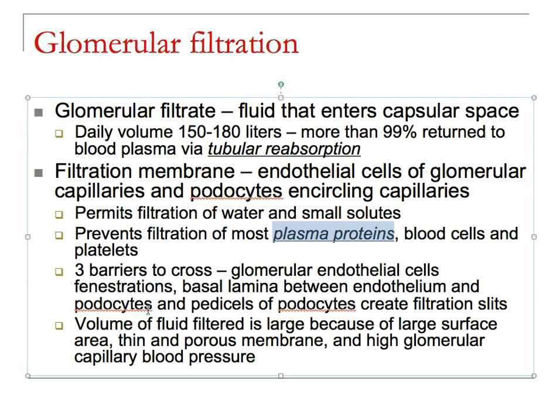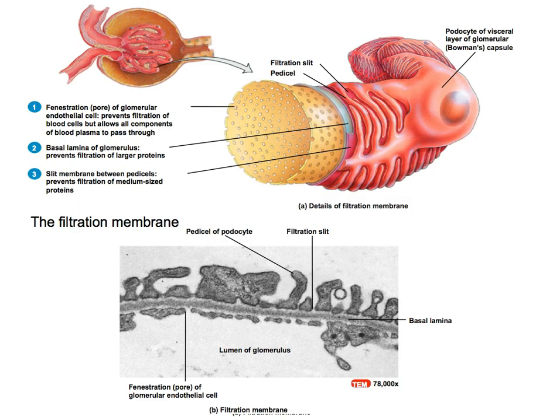And the volume of fluid is large because of the large surface area. Remember I mentioned that just a moment ago. And here's our cartoon. So here's what you've seen so far. Remember, blood flows in, passes out, and you're like, well, how does this stuff get out of there? Well, this is how it happens, right? Take a look at this glomerular endothelial cell. This is a fenestrated capillary bed. Fenestrated.